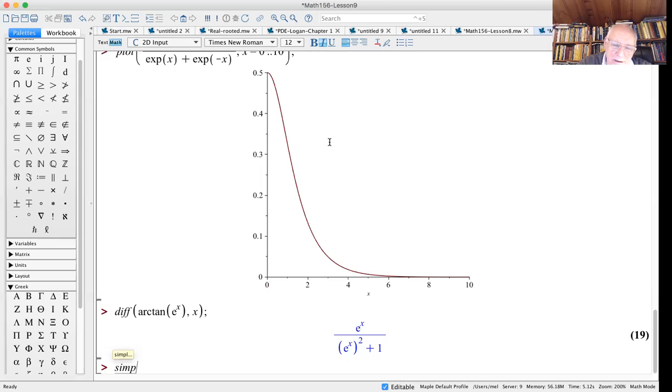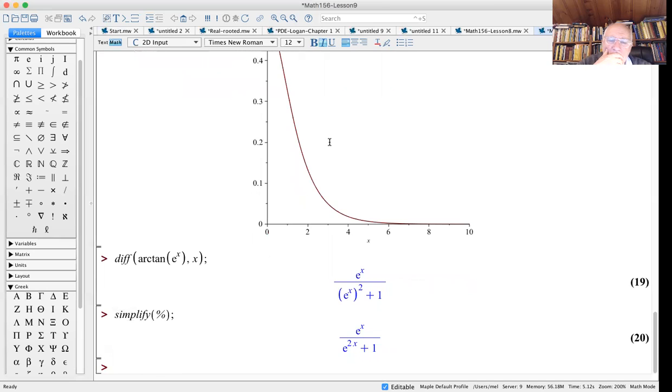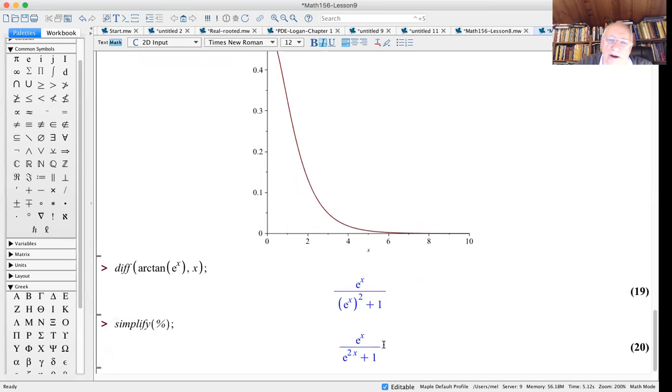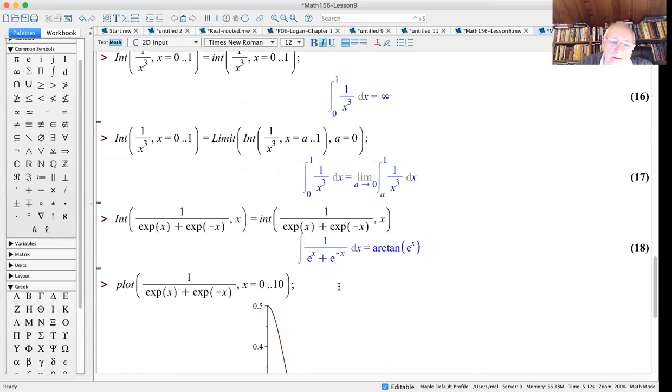Let's see what happens if I say simplify. Well, you can see it's the same thing because this denominator is the same as e to the x times e to the x plus e to the minus x. The e to the x cancels and you get this.